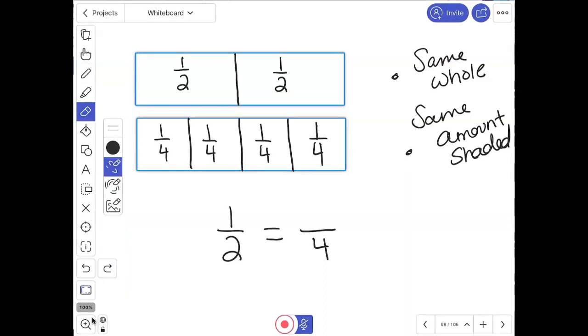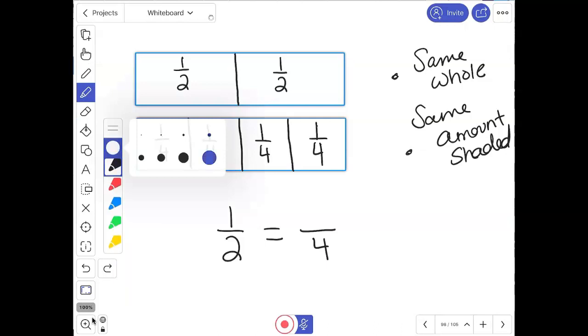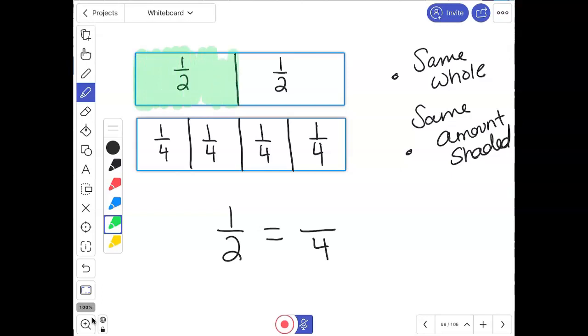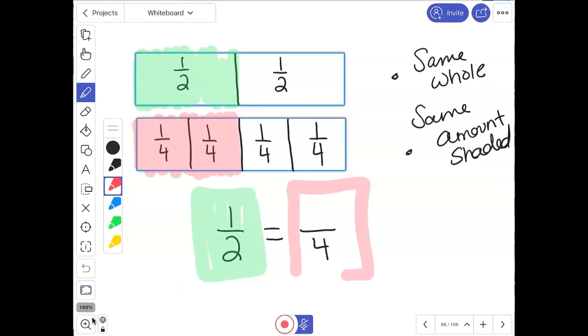So if I look at my top one, if I shade in 1/2, that represents 1/2. If I shade in 1/4, they're not equivalent because my 1/4 piece is smaller. It takes up less space than my 1/2 piece. However, if I keep shading, now I have shaded the same amount in both of my fractions.